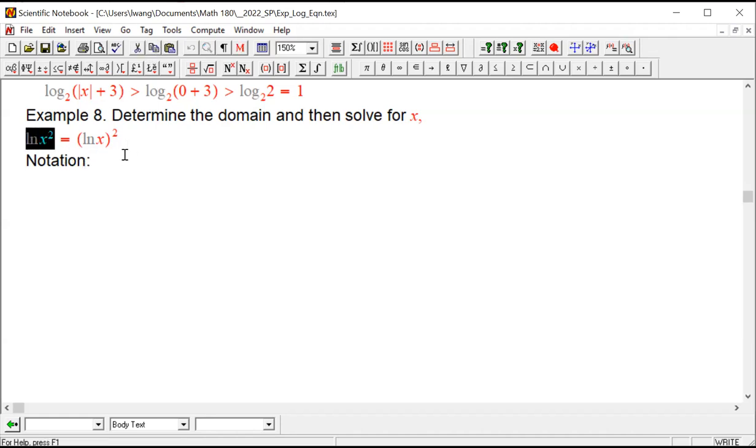Notation basically is talking about the order of operation. So I'm going to put a table as a comparison.